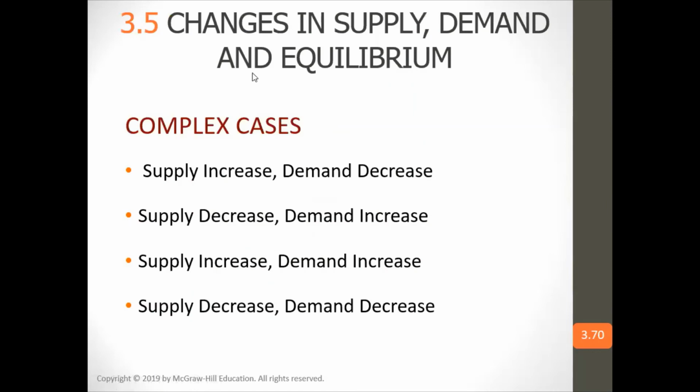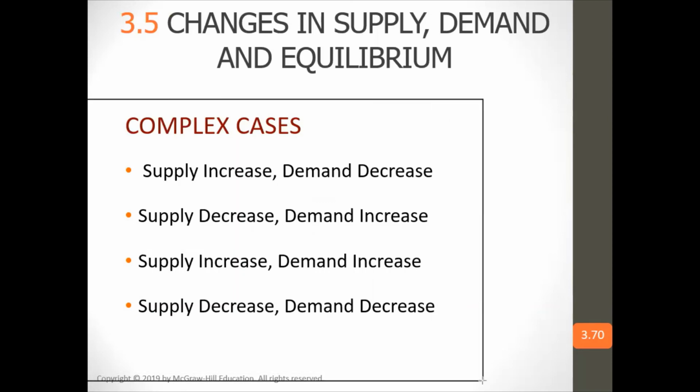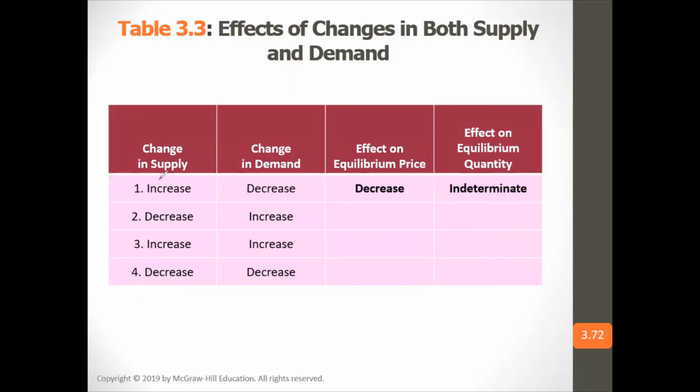So the problem is with situations where there is a supply increase, demand decrease, supply decrease, demand increase, supply increase, demand increase, supply decrease, demand decrease: we don't know exactly what happens in every case. If supply increases and demand decreases, the price will decrease, but we don't know what happens to the quantity.